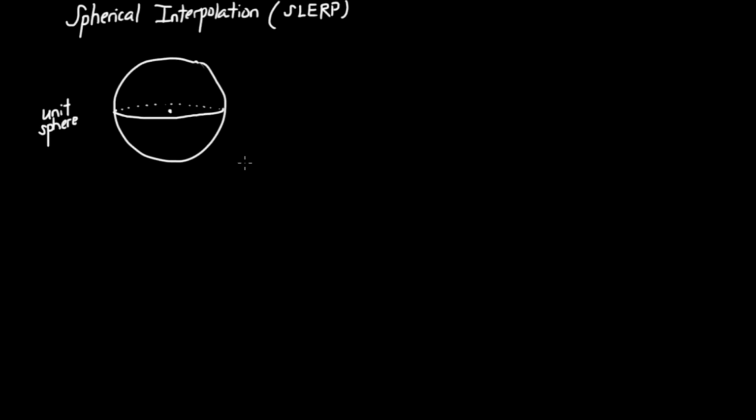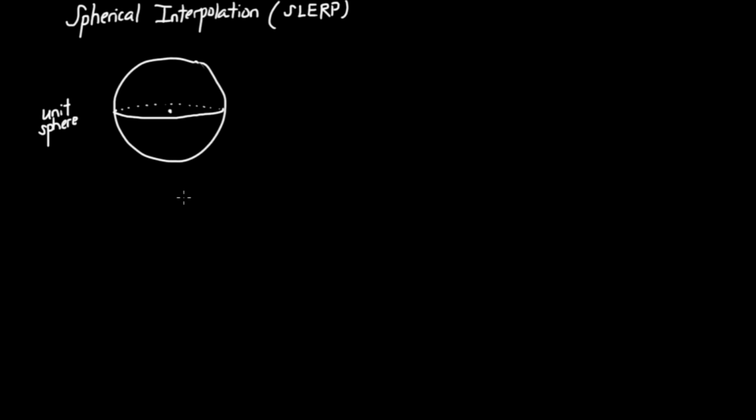Let's move right along to our second topic in this video, which is going to be spherical interpolation, or the acronym SLERP. What I'm interested in doing here is something analogous to what I was doing in linear interpolation. That is, given two vectors, an initial vector, which again I'm going to call VI, and a final vector VF, I'm interested in finding those interpolated vectors in between VI and VF.